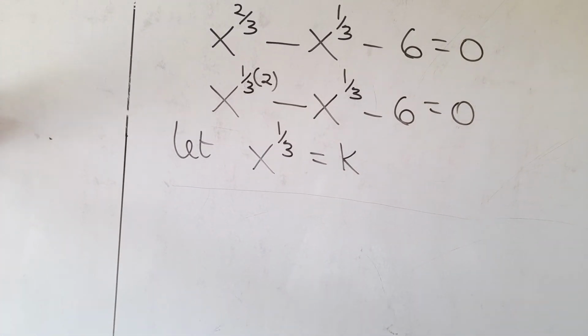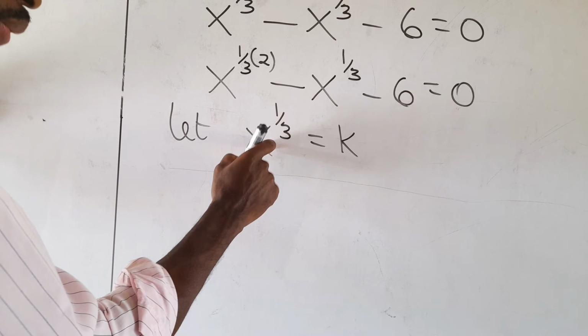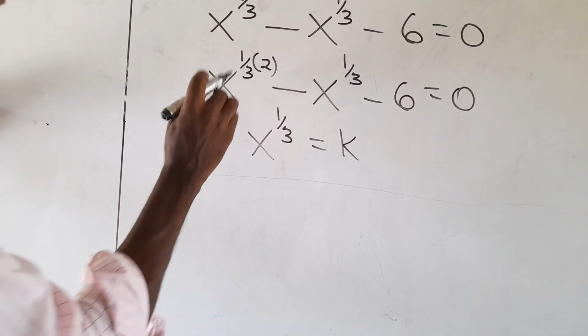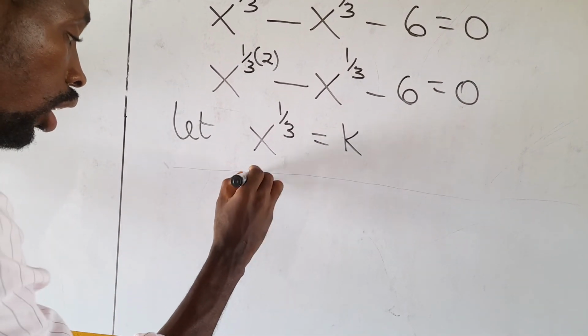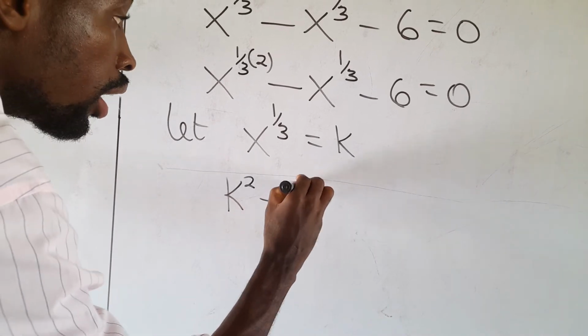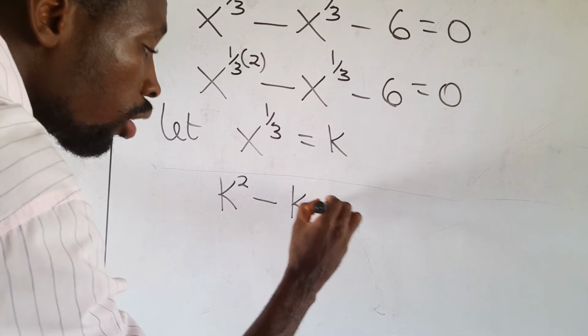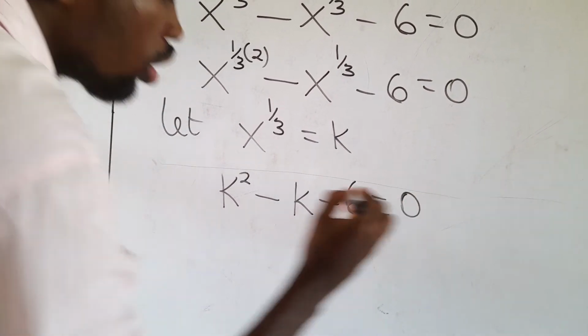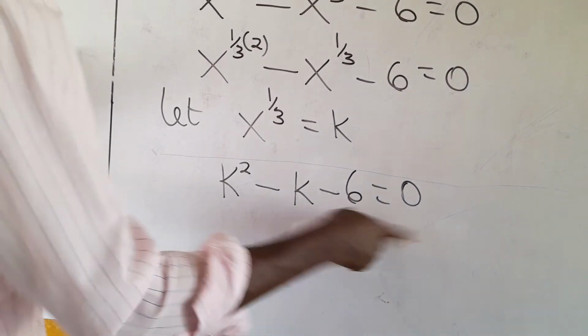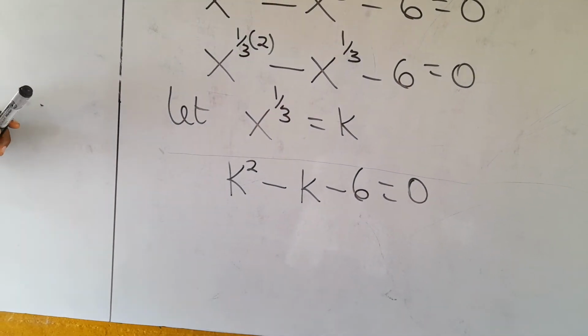We replace any place we see x exponent 1 third, we substitute k. So in this place we have k squared minus k minus 6 equal to 0. Then this becomes a simple quadratic equation where we solve.